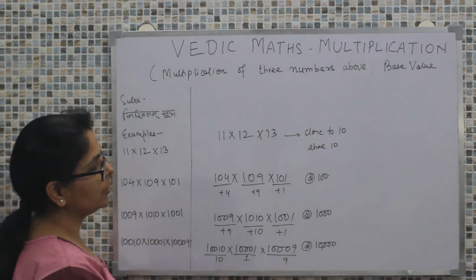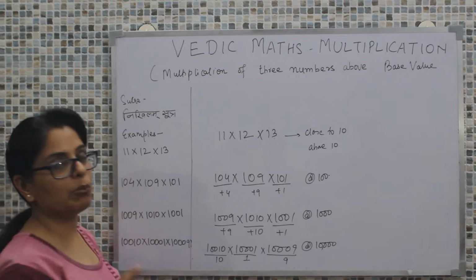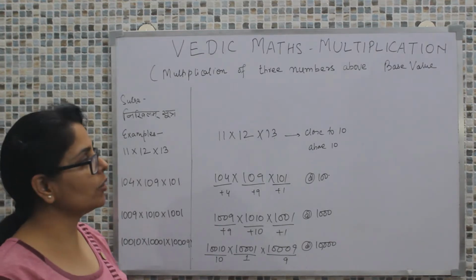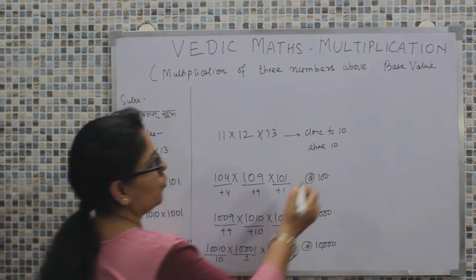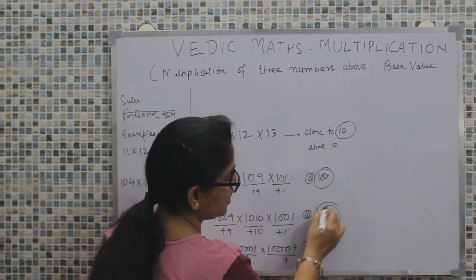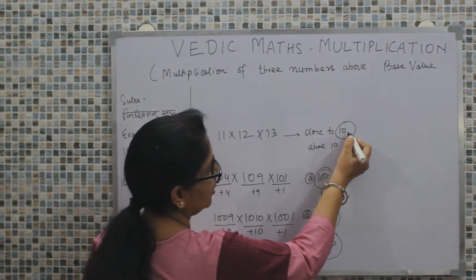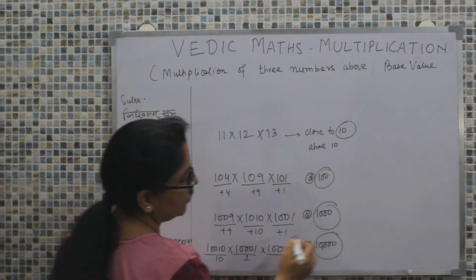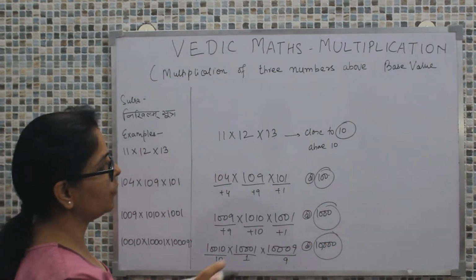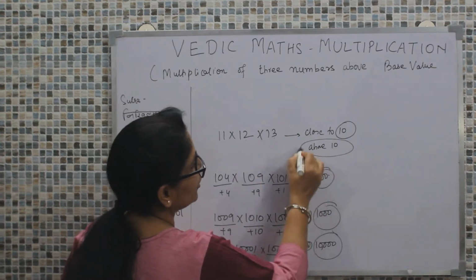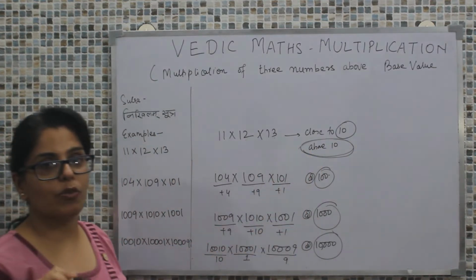So what we find is that here we would be taking the multiplication of three numbers and the pattern of the numbers will be such that for a specific base value, like here we have the base value as 10, here we have 100, here we have 1000 and here we have 10,000, the relevant numbers are actually above that base value.